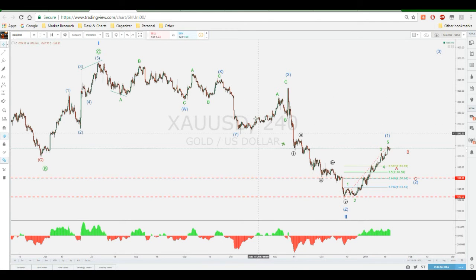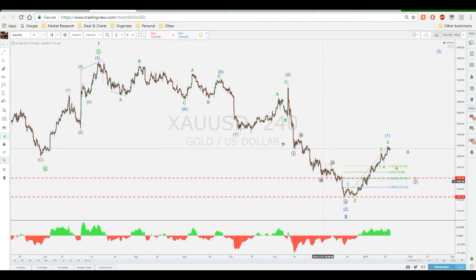So what I did is I modified, of course, this fourth leg. We had an extended first leg, then the second corrective, very small. Sellers were indeed in control here, so this turned out to be a major downfall.